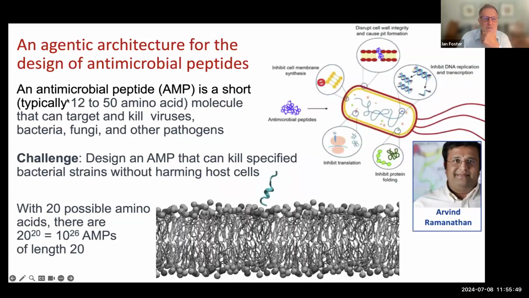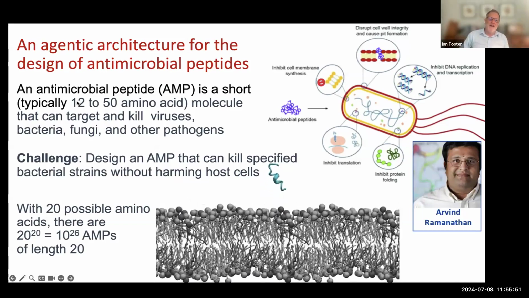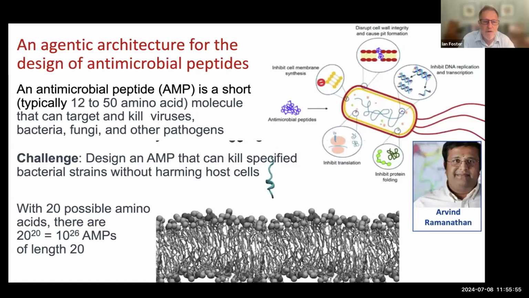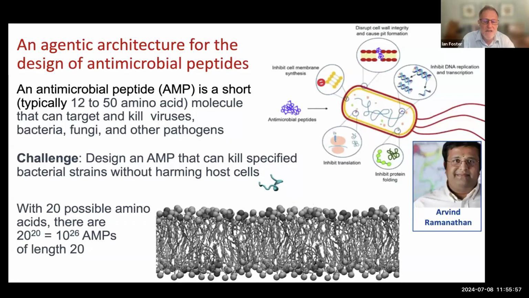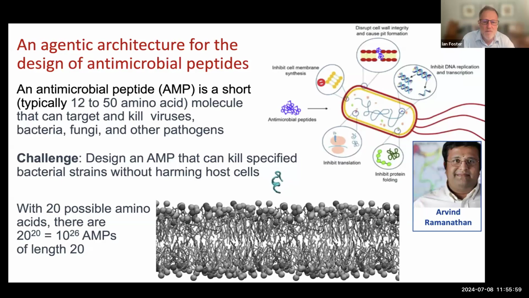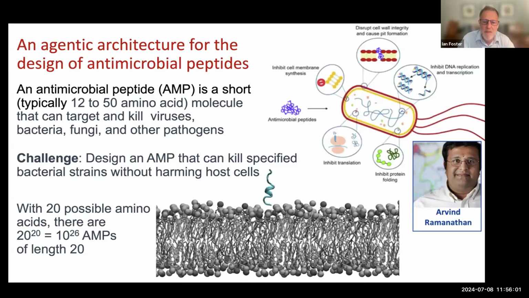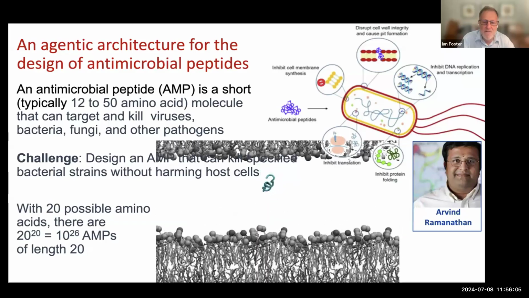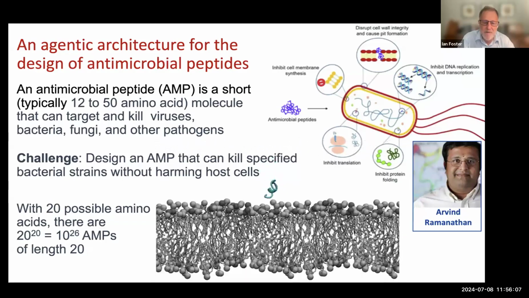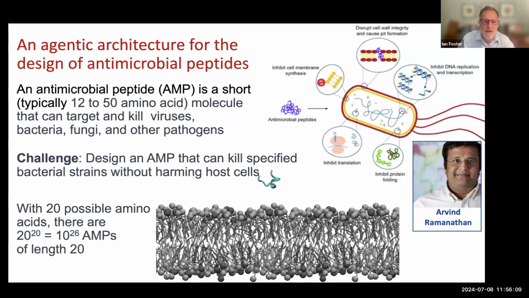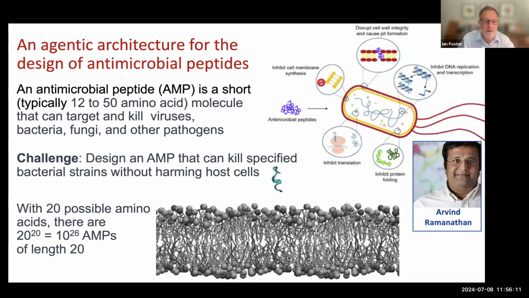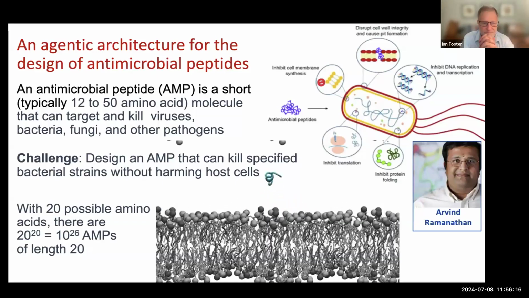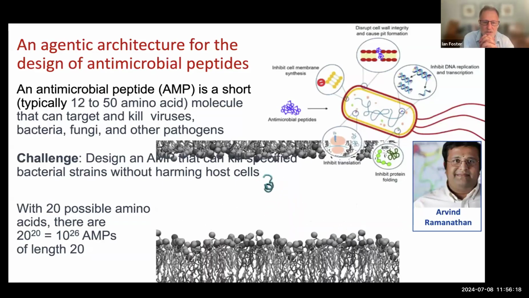The idea is to identify antimicrobial peptides, small sequences of amino acids, 12 to 50 as we say here, that have the property of being able to destroy various forms of microbes without damaging a host cell.